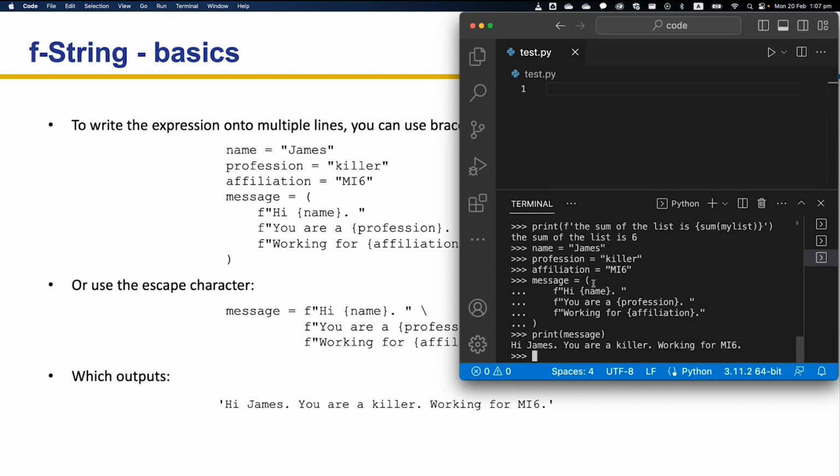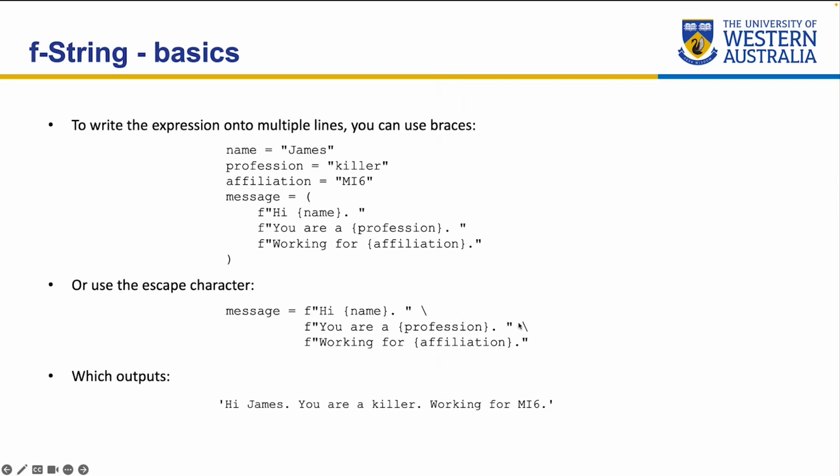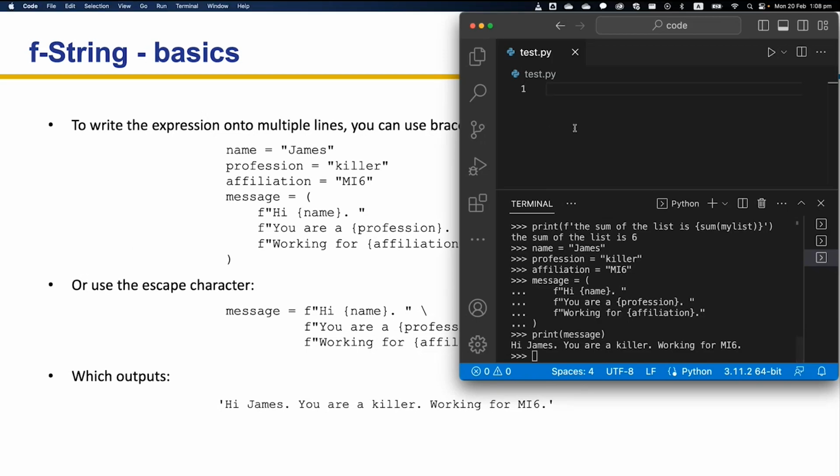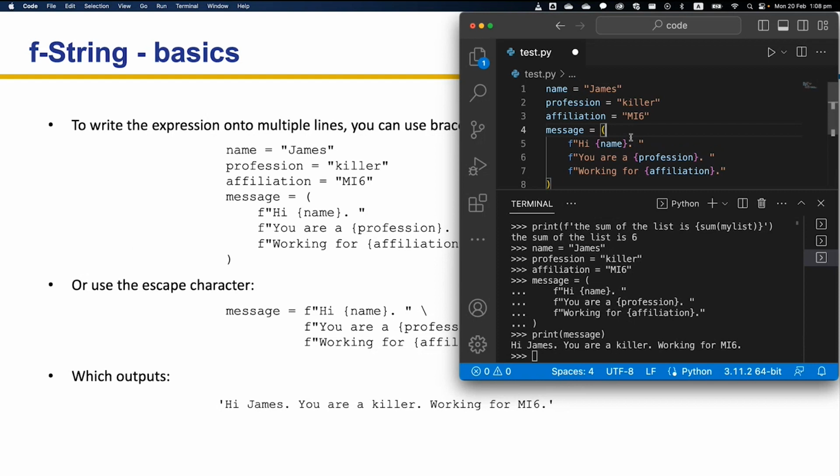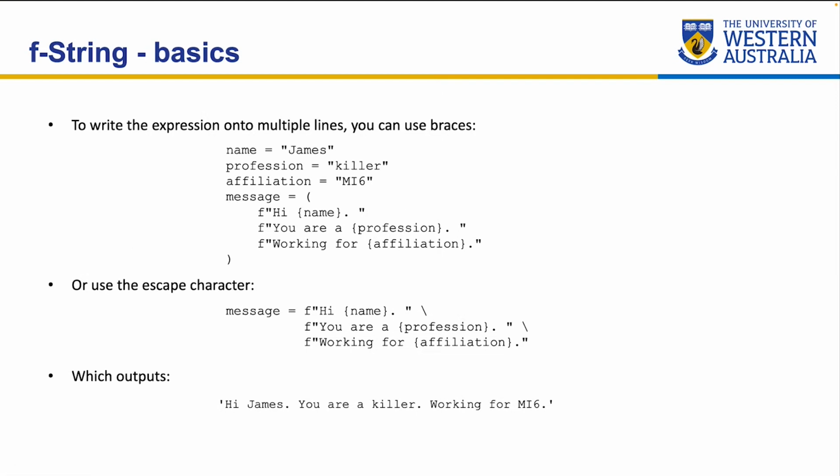Okay, so other than using the brackets, you can of course use the backslashes, but you'll find that using the brackets, it's much more manageable and easier to find where the message begins and ends as well. Because if I copy that over onto the Python code inside the IDE, you will quickly find if you press on the bracket, it will show you and highlight where the closing bracket is. Okay, but if you do the backslash, you will actually have to find where the line ends yourself.